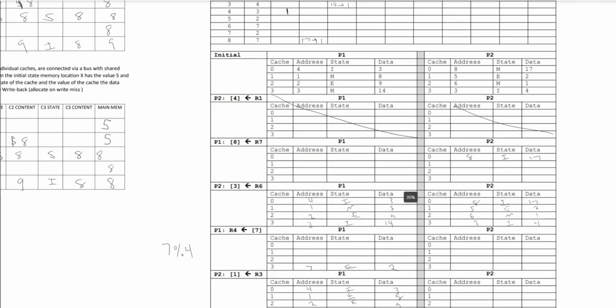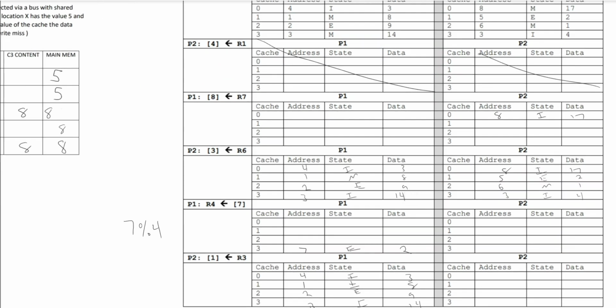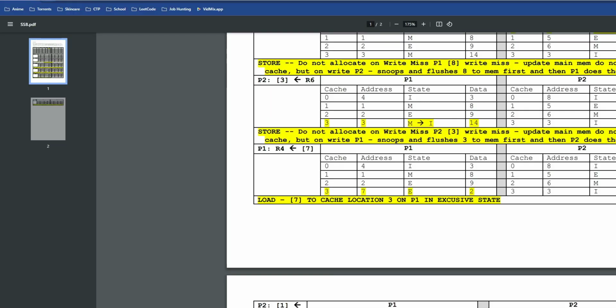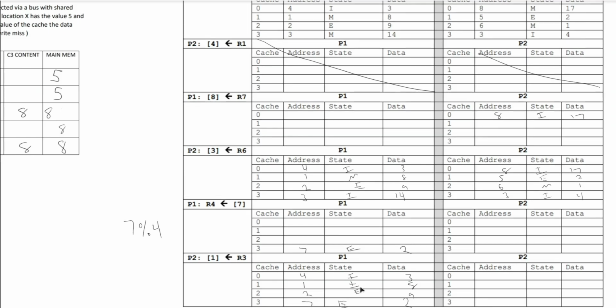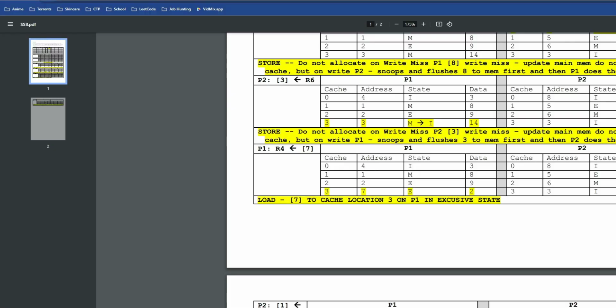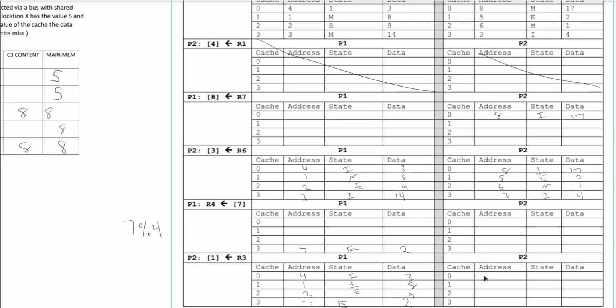Oh, did I copy it wrong? I copied it wrong, didn't I? Whoops. This last line should be 7, exclusive and 2. Yeah, okay. Then 0, 8, 5, 6, 3. Yeah, okay.